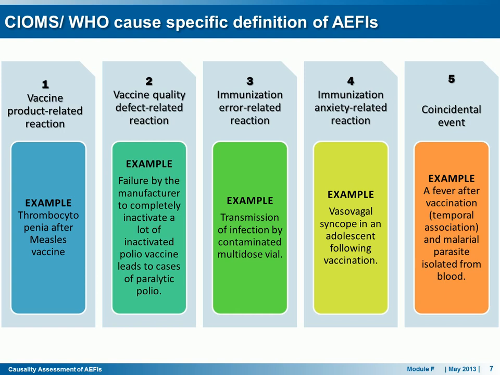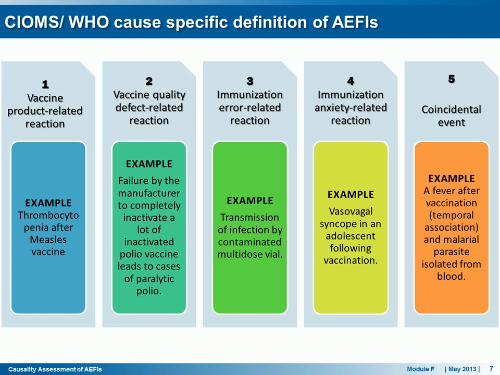This means even if the best vaccine is administered, it will by itself produce some inherent AEFIs. One example is thrombocytopenia, which can occur after the measles vaccine. All of us know that thrombocytopenia after measles vaccine can occur at the rate of 1 in 30,000 doses of measles vaccine administered.